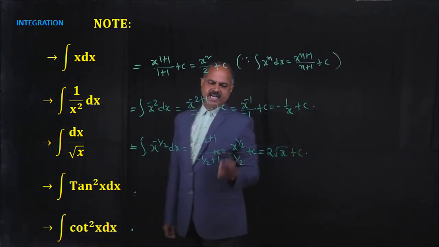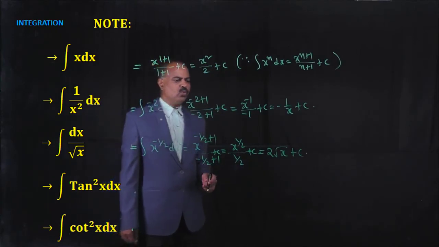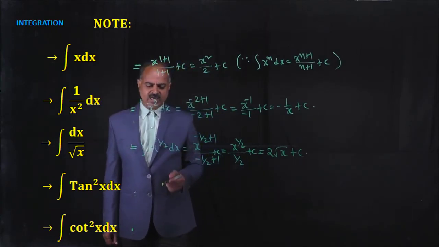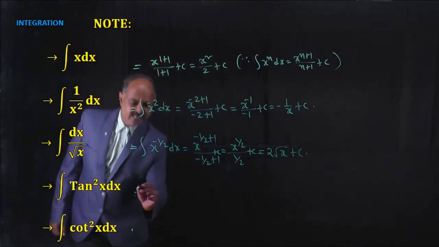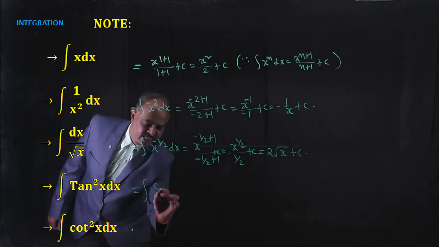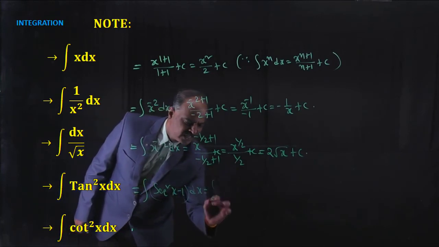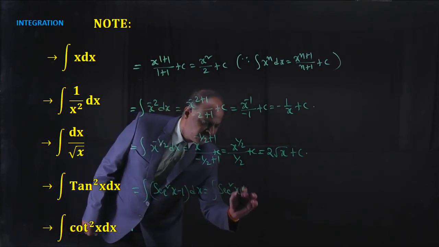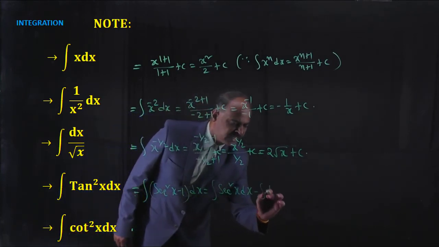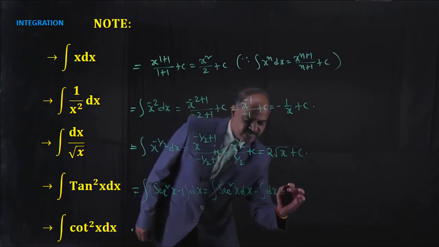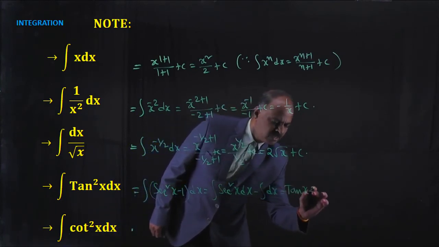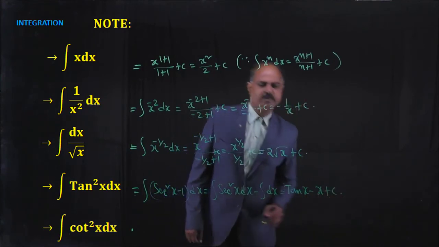Therefore integral dx by root x equal to 2 root x plus a. Next one, integral tan square x dx. This can be written as integral secant square x minus 1 dx. This is equal to integral secant square x dx minus integral dx. Integral secant square x dx equal to tan x, minus integral dx equal to x plus a.